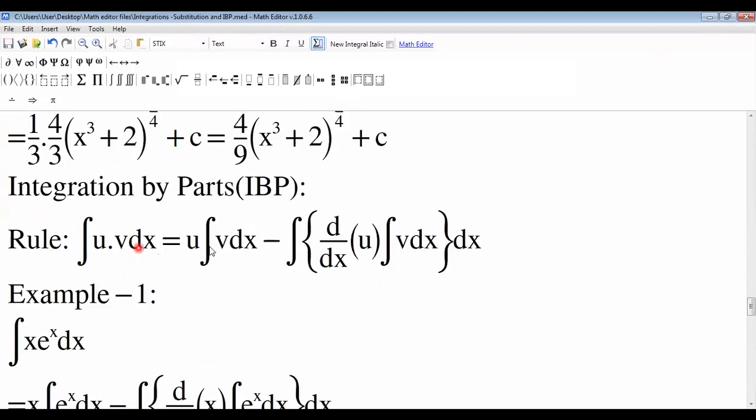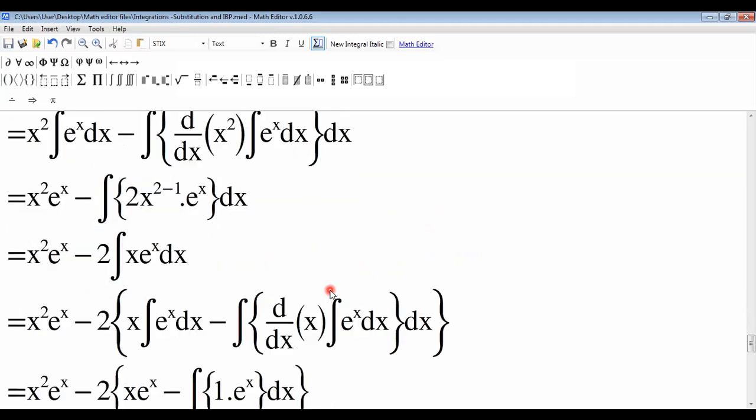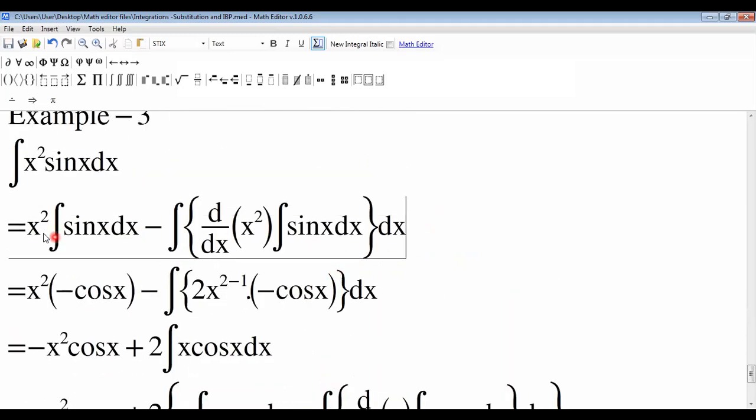This rule, integration by parts: u times integration of v, minus differentiation of u times integration of v, and taking again the integration of their product. So x square, and the integration of v, that means sin x, and taking the integration of their product.